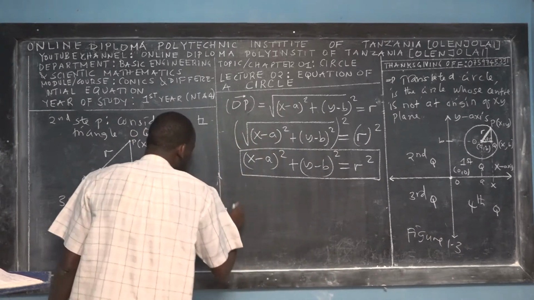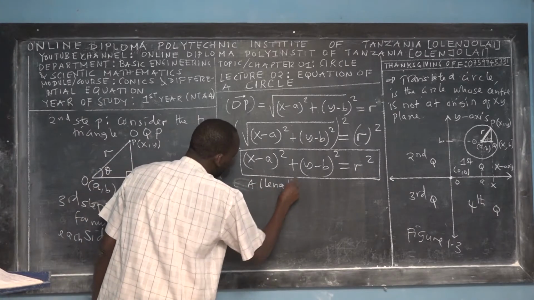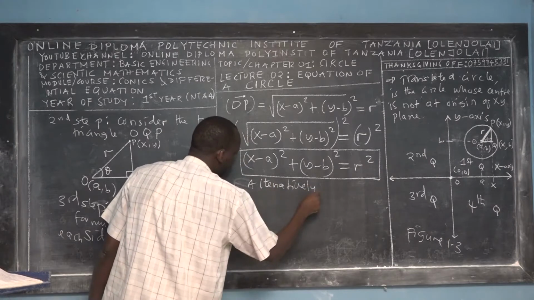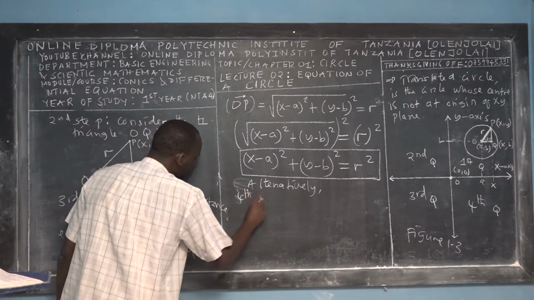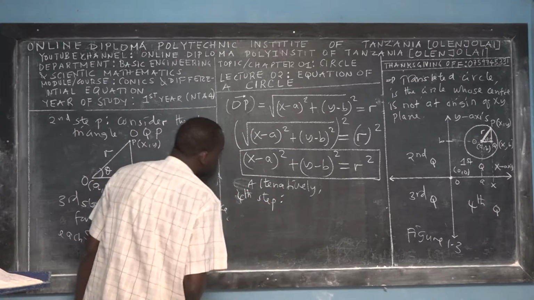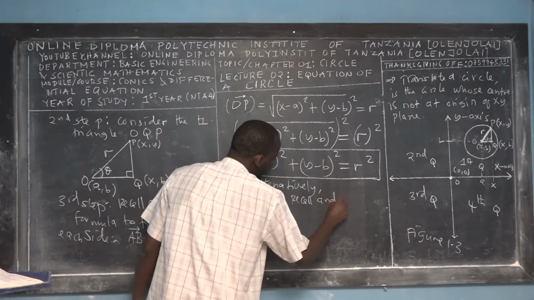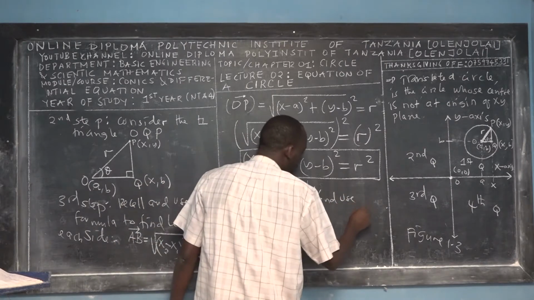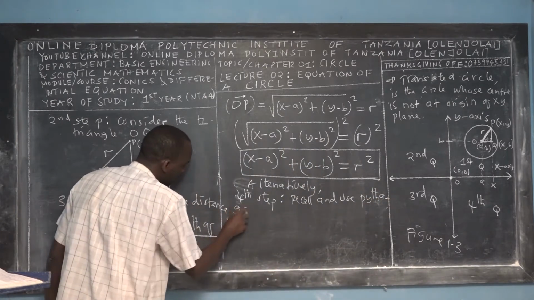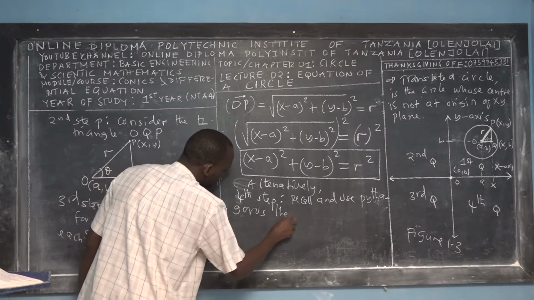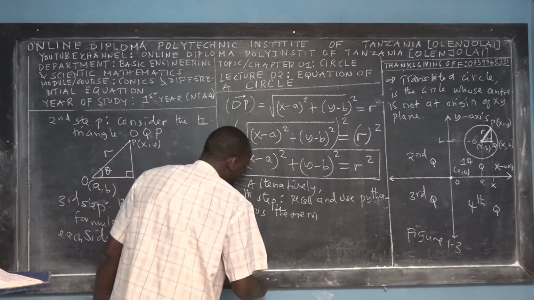So what should be the first step? Alternatively, if you say that it's enough, but you want to prove whether it is true, we go for the first step: recall and use the Pythagoras theorem.